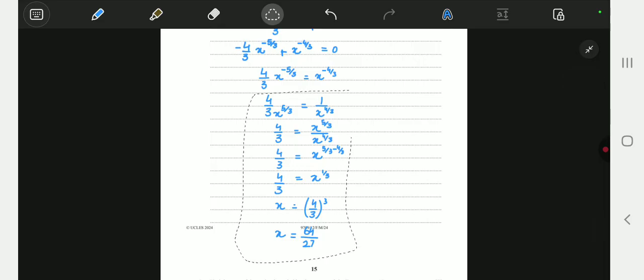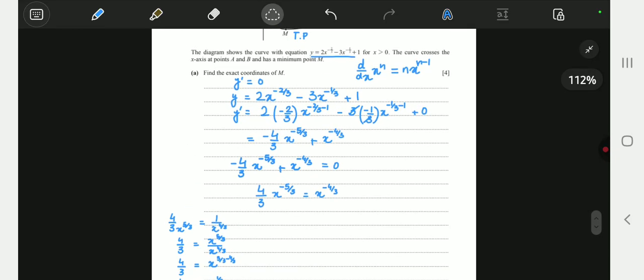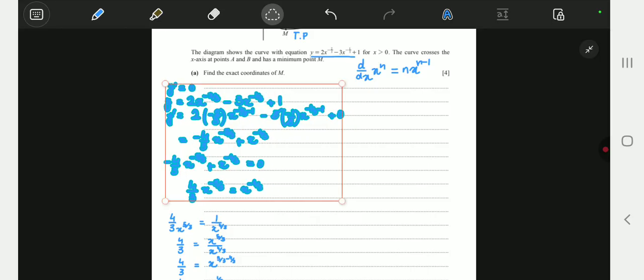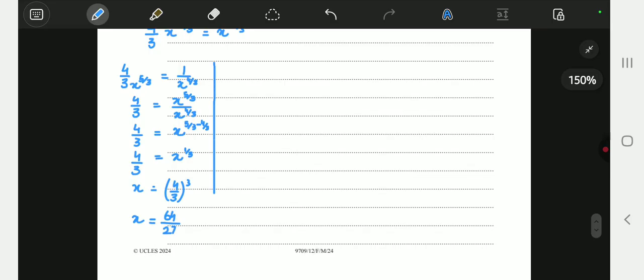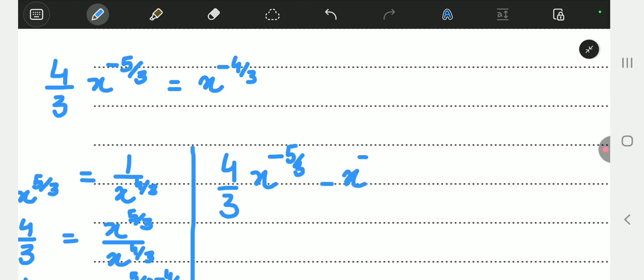This is one way of doing it. If it doesn't seem very accurate, even though it gives you the correct result, and you want to look for some other method, there is another method that we mostly use so as to not skip any solutions. When we have two terms like this, we keep these two terms on one side: minus 4 over 3 x to the power minus 5 over 3 plus x to the power minus 4 over 3 equals 0.